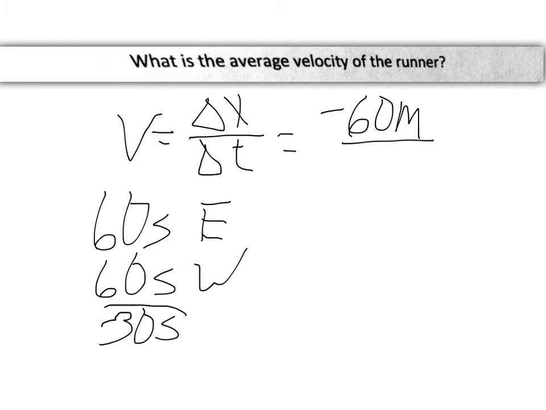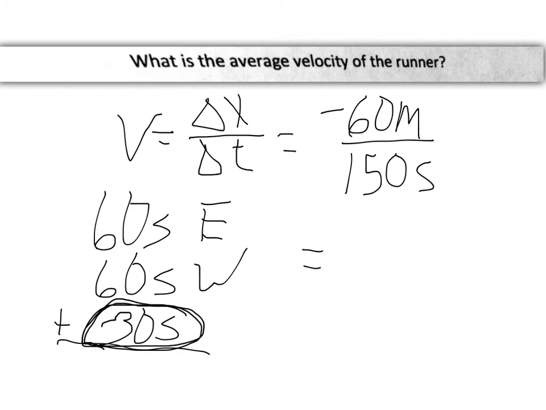Now he's not moving during this time, but this includes the time of his displacement. So when we put in our total time, we have to include that 30. So what's 60 plus 60 plus 30? Well, that gives us 150, right? 6 and 6 is 12, 12 and 3 is 15, so 150 seconds.